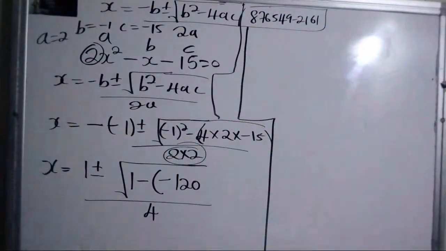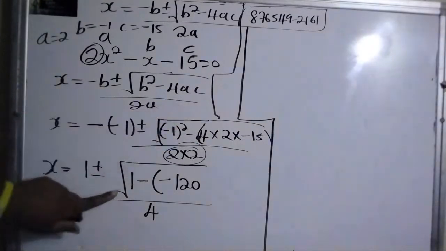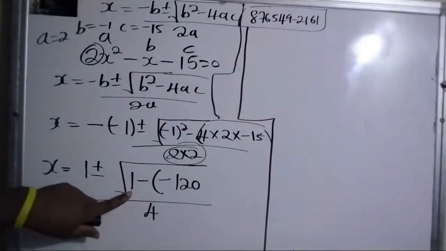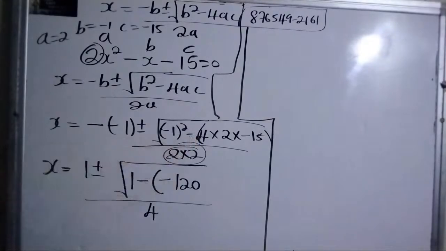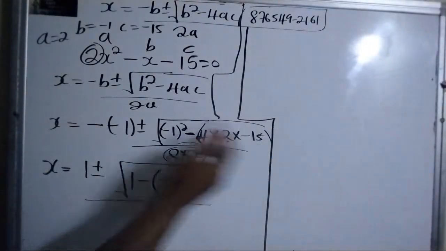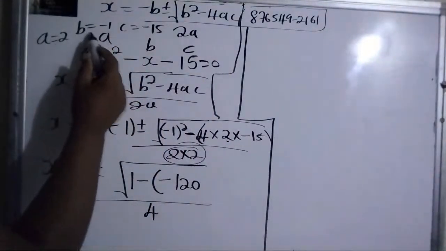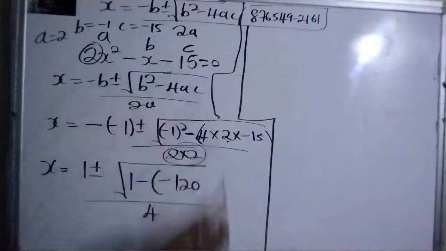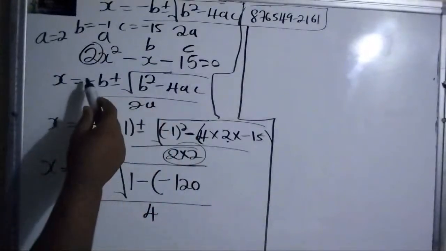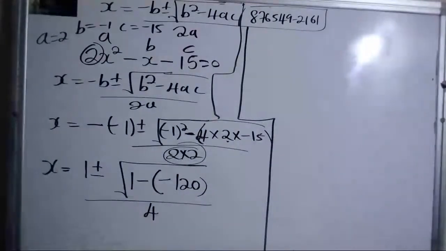Alright, let's go now. So we substitute and then we compute. So negative 1 times negative 1 gives us positive 1. Then we have a minus, so we put back our minus and we multiply 4 times a times c. The value of a is 2, value of b is negative 1, and the value of c is negative 15. So it's 4 times a, which is 2, times c, which is negative 15. That gives us negative 120.